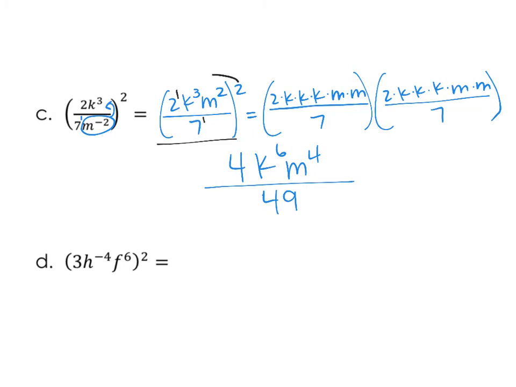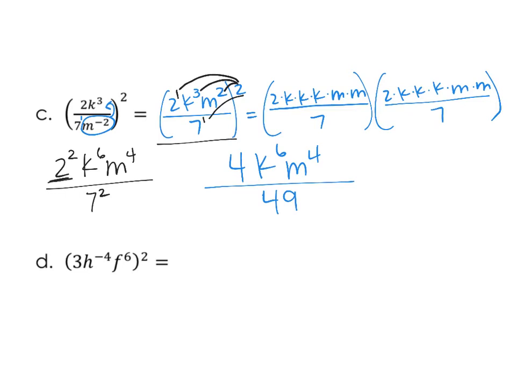So 2 times this 1 would give me 2 to the 2nd power. 2 times this 3 would give me k to the 6th power. 2 times this 2 would give me m squared. And 2 times the exponent on the bottom would give me 7 squared.